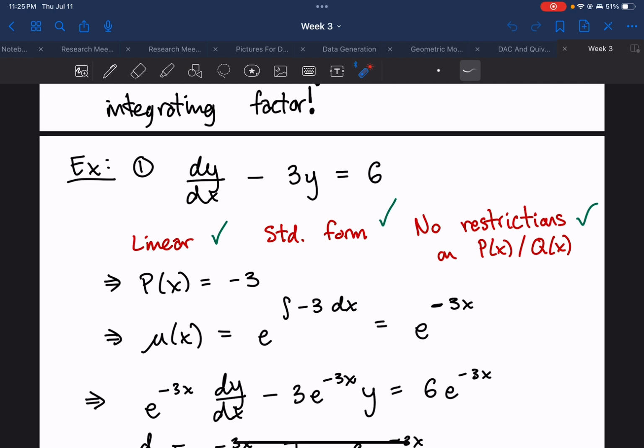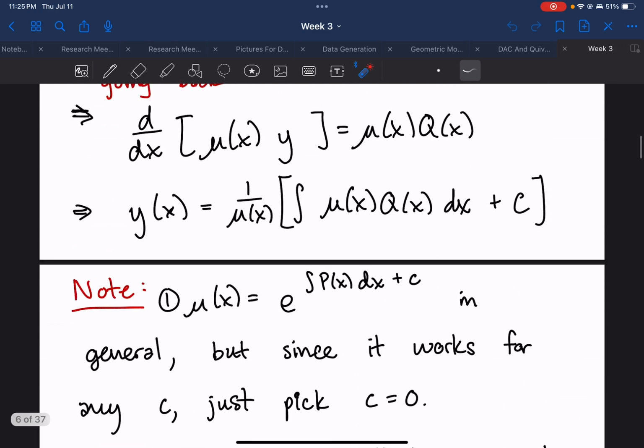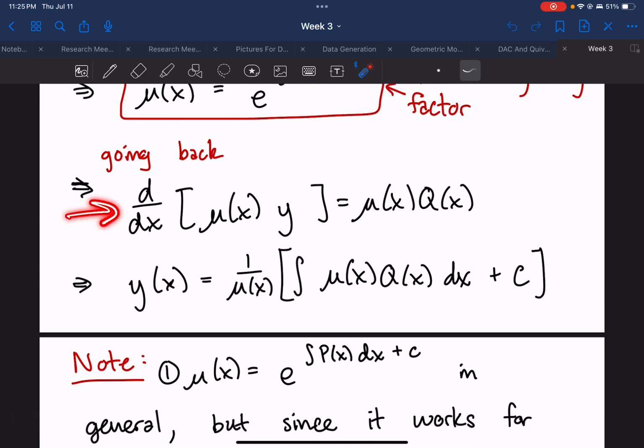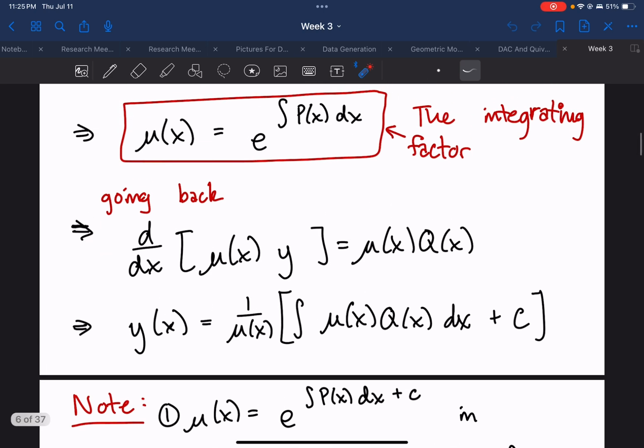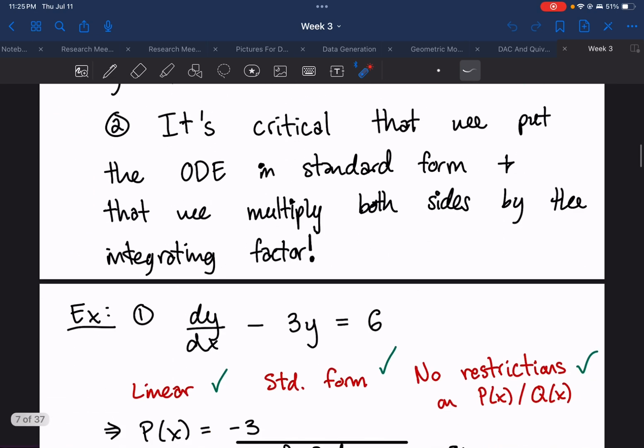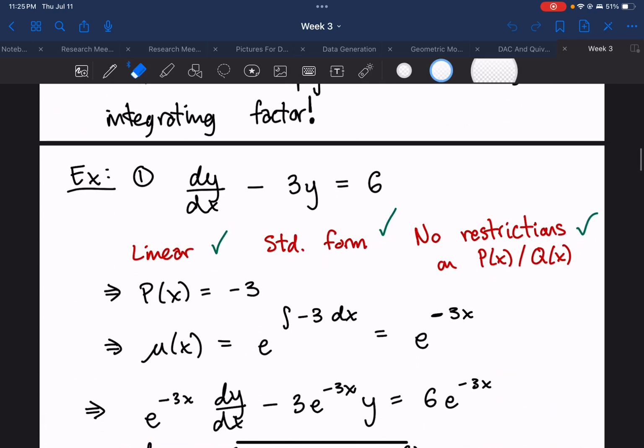So, what do we do? In order to solve this linear equation, we first need to find the integrating factor. Once we have the integrating factor, we can cut to this point. How do we find the integrating factor?